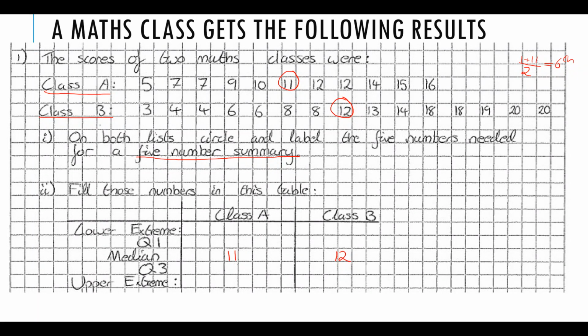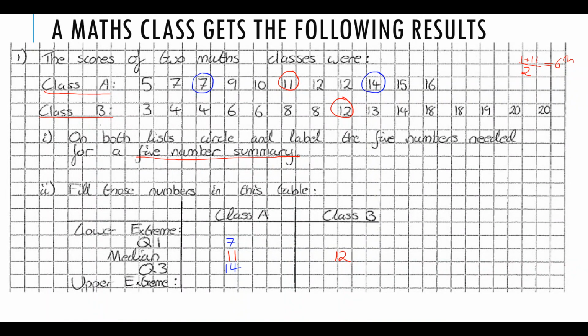For the lower quartile for Class A, have a look at the list of the 5 numbers to the left of the median, and ask, what's the middle of those 5 numbers? The middle of the 5 numbers is the 3rd number, so it's 7, and then the upper quartile is the 3rd number on the list to the right, so 7 and 14.